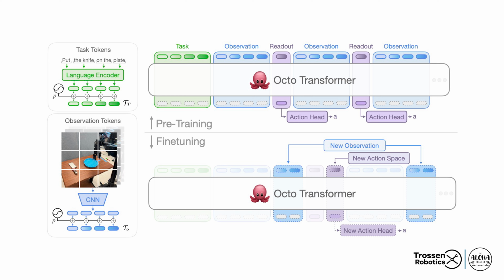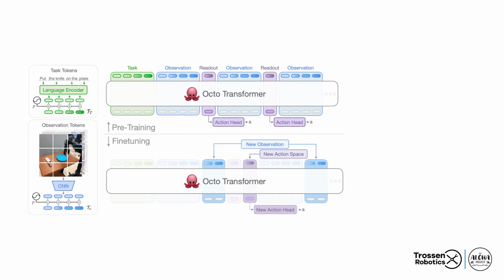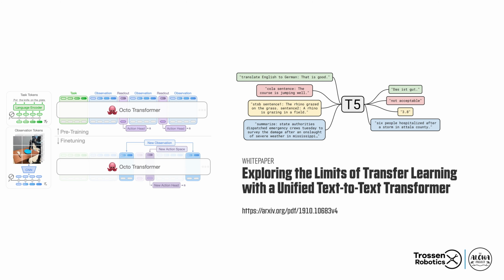The input tokenizers are responsible for converting various types of input data such as language instructions, goal images, and sensor observations into tokens that the transformer can process. For instance, language instructions are tokenized using a pre-trained transformer model called T5, which converts the language input into sequences of embedding tokens.